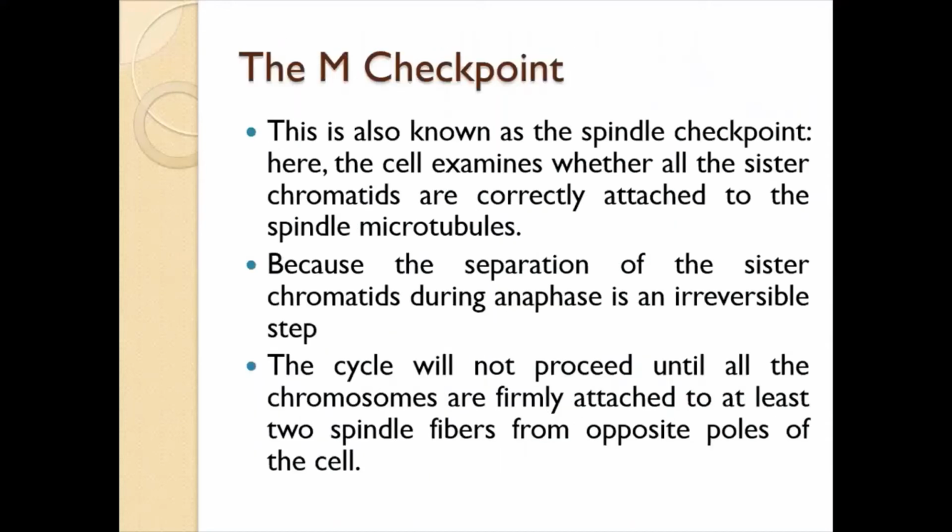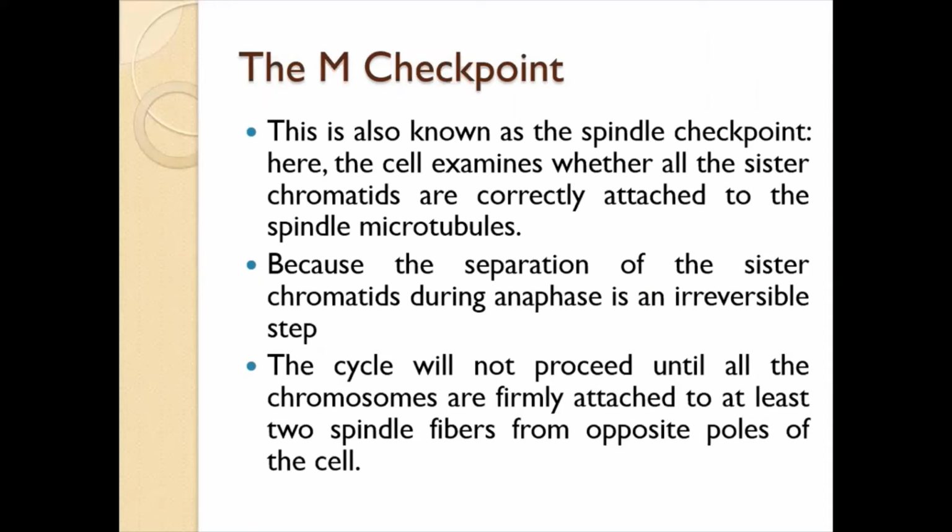Now, when we come to the M checkpoint, this is basically based on the spindle checkpoint. That means whether the spindles are properly created or not. This is also known as the spindle checkpoint, where the cell examines whether the sister chromatids are correctly attached to the spindle microtubules or not.